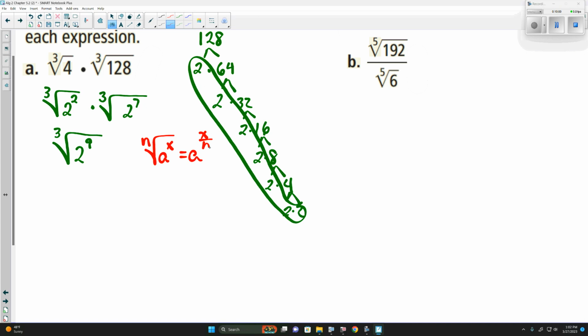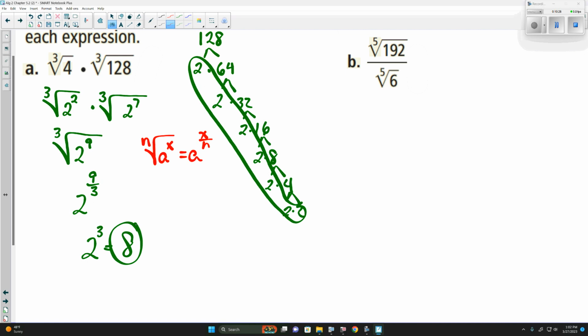I'm doing this as an easier way to see what it is, because it will get you to that number you see on the calculator. Because here we're saying we have 2 to the 9 over 3. Well, 9 divided by 3 is 3. And 2 cubed is 8. Does that make sense how we got there? It's just breaking it down.